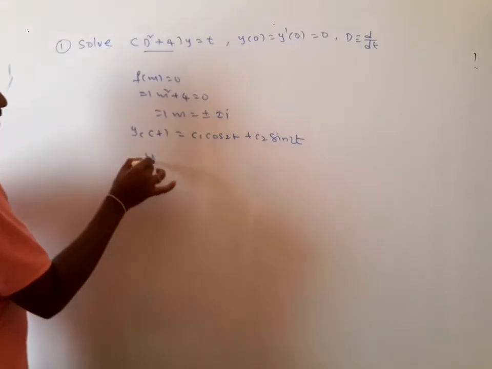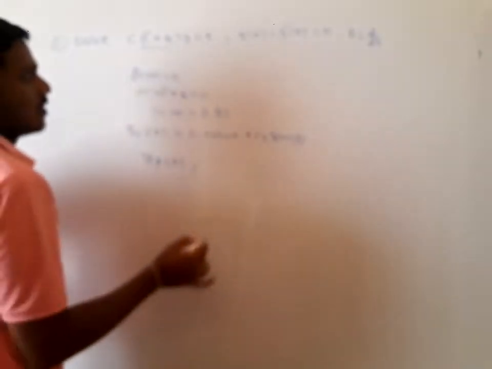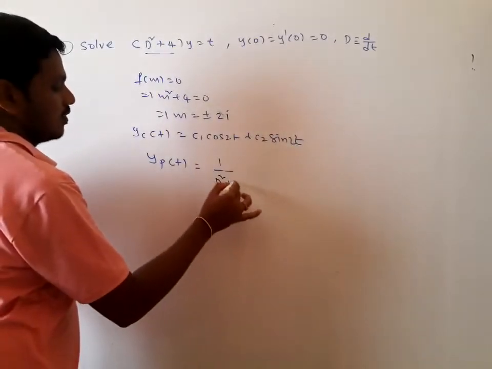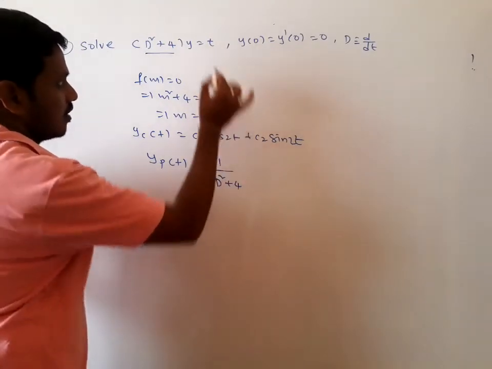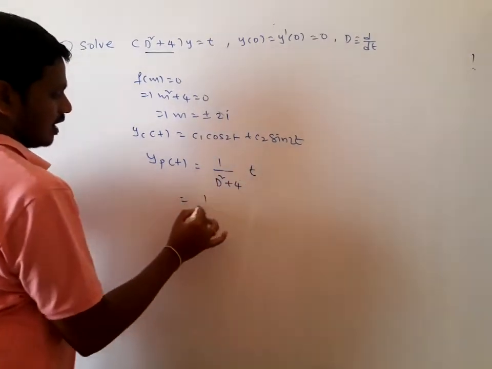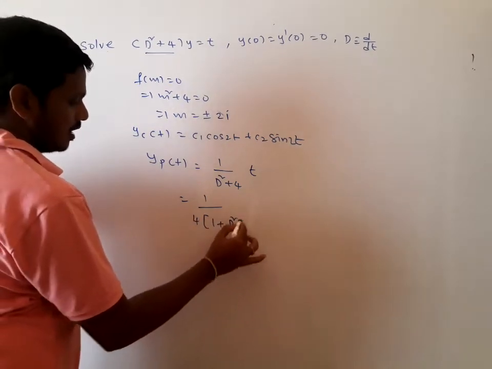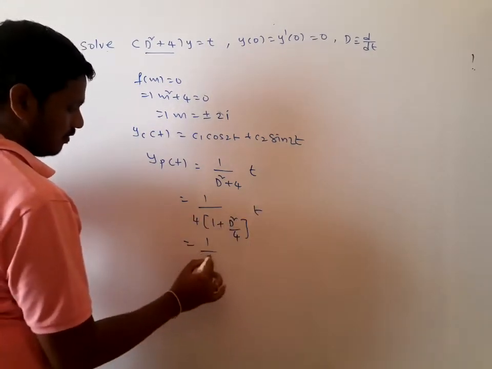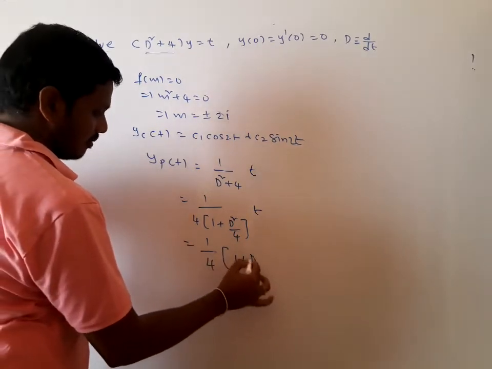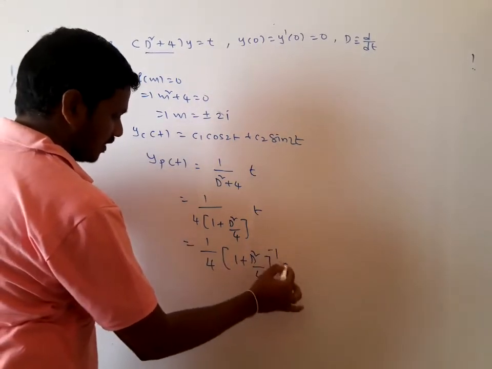Right. Next, yp of t is equal to 1 by (D square plus 4) into Q of t, that is t. Taking 4 common, it is 1 by 4 into (1 plus D square by 4) to the power of minus 1 of t.